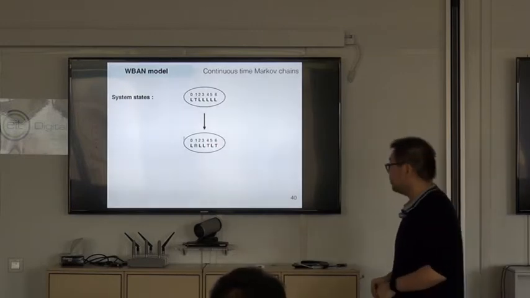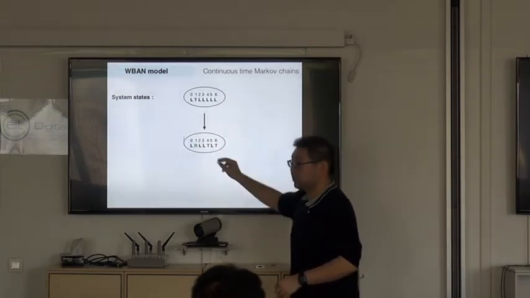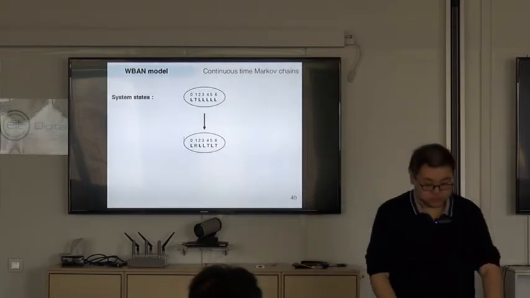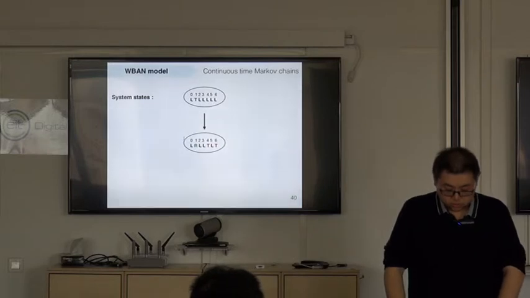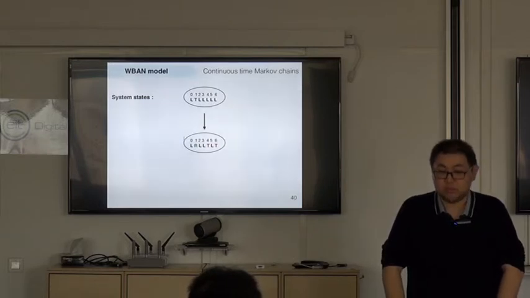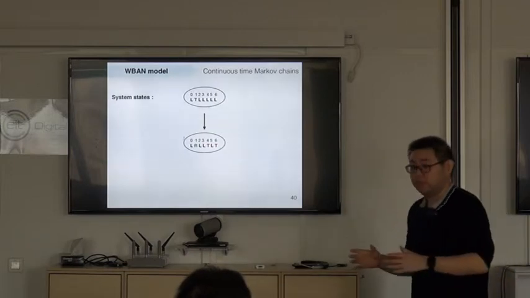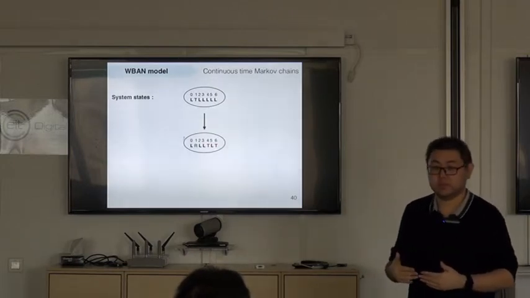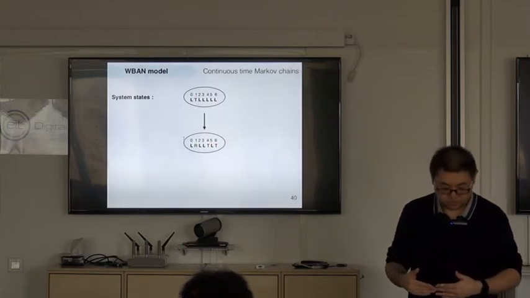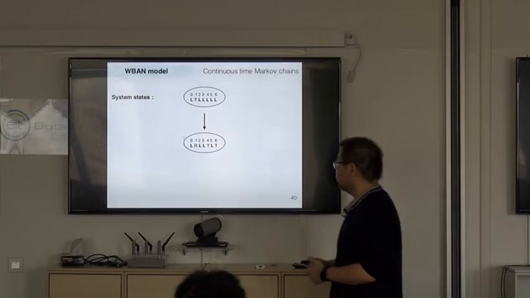And from here, because in this state we have two T's, and in the real world, in the continuous-time Markov chain, there's no chance that these two T's can finish the transmission at exactly the same time. So there must be one that finishes first.